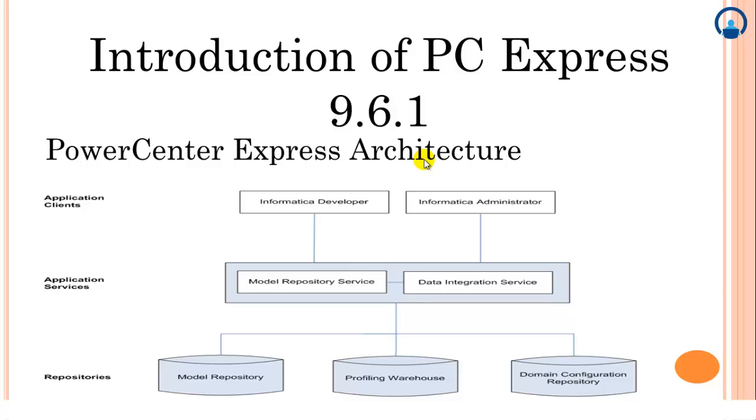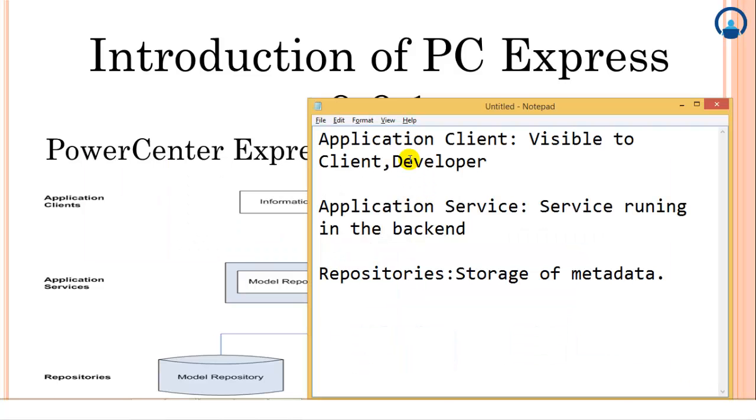So the PC Express architecture is divided into three parts. The first is application client, which is visible to the clients and the developer. Second is the application service, which is the services running in the backend and connecting your developer tool with the server.